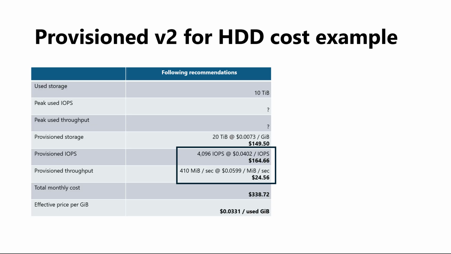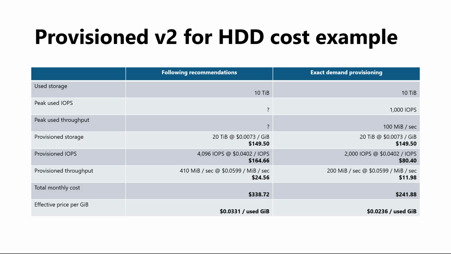For an HDD file share, if I just follow the recommendation, this is what I would be recommended. And in total, I'm coming to about 3.3 cents per used gig. I've essentially totaled it up and divided it by the number of gigs that I use. If you compare this to pay-as-you-go, this should be a lot cheaper than what most pay-as-you-go customers are using today.